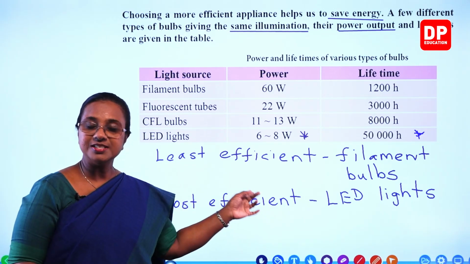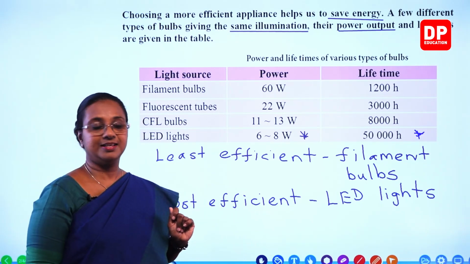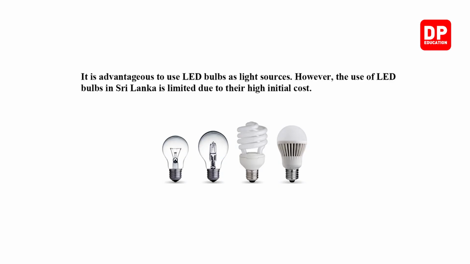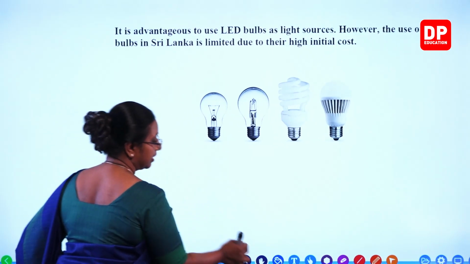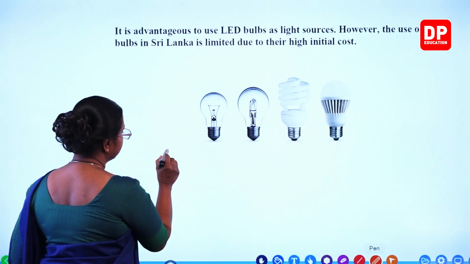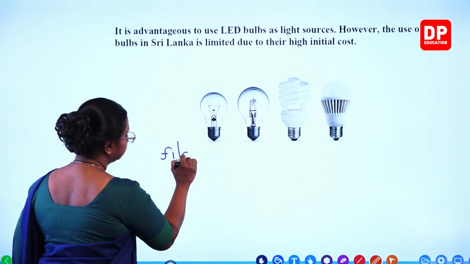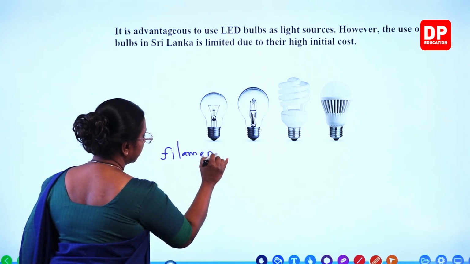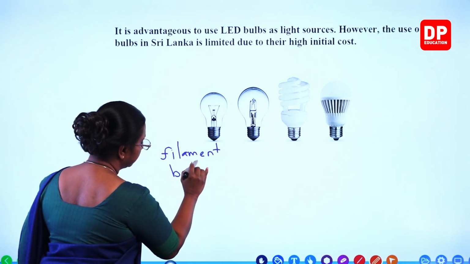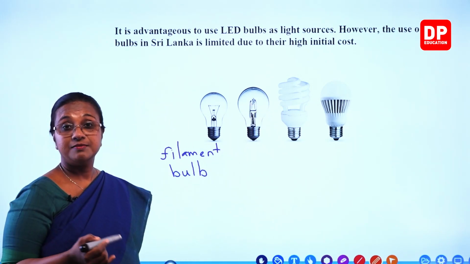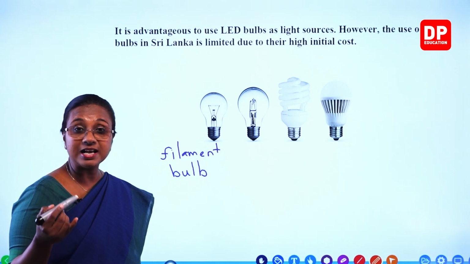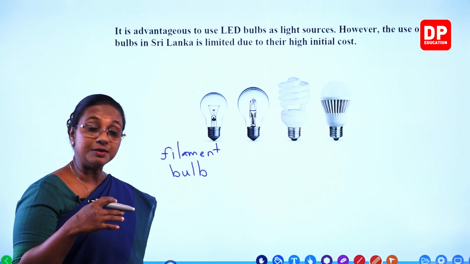So with that, students, I'll move on to the next slide. Here, first if you look at the picture, you can see the different types of lights. The first one is a filament bulb that you are all familiar with. Even this, you would have seen, neon lights. We discussed this when we discussed current electricity in the previous grade.